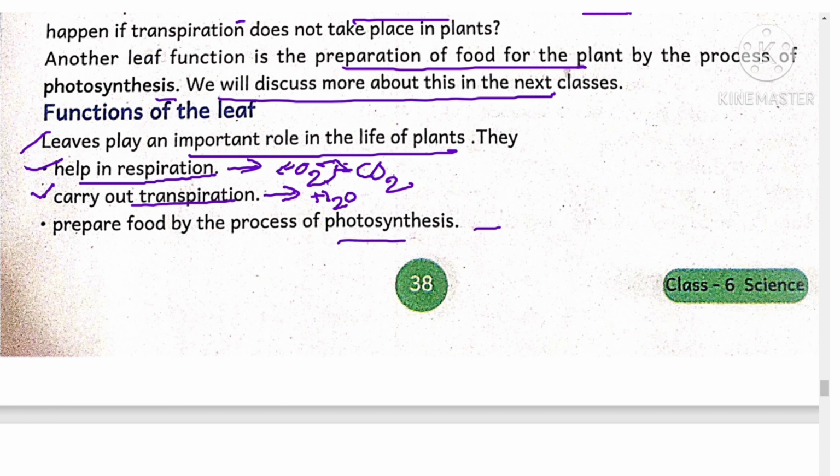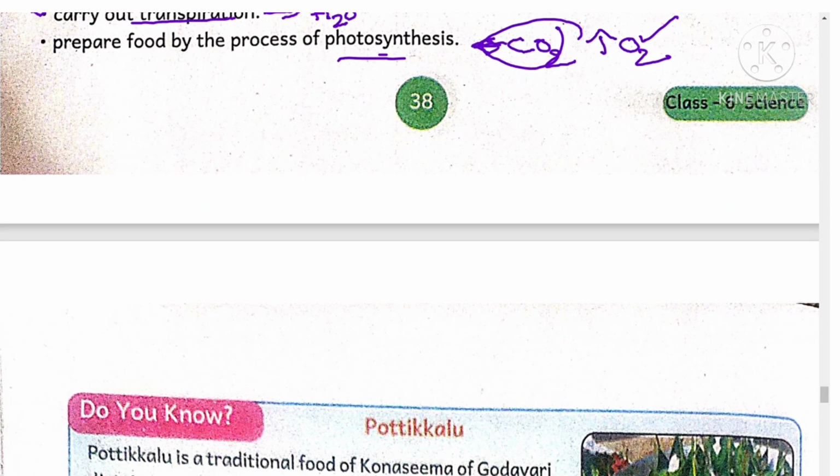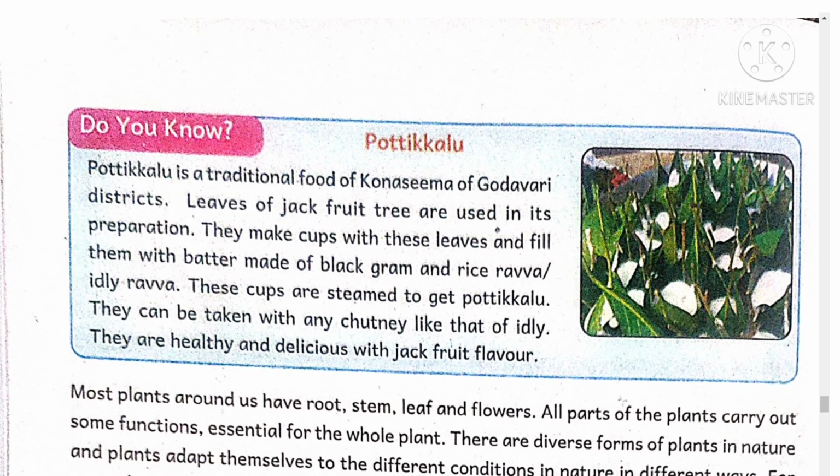In photosynthesis, they absorb carbon dioxide and release oxygen. Okay, children? Plants absorb oxygen and release carbon dioxide in respiration, and in photosynthesis, plants absorb carbon dioxide and release oxygen. That's why we get lots of oxygen from plants. So we have to plant more plants.